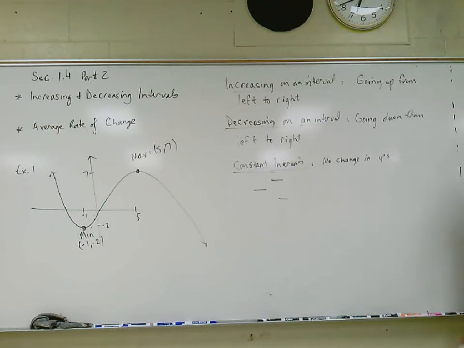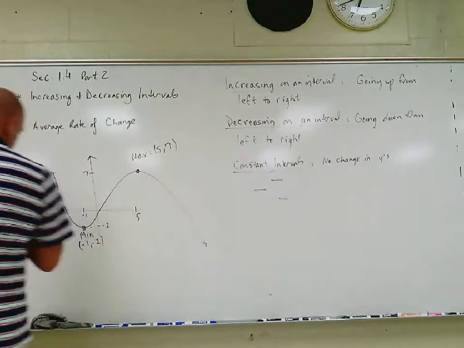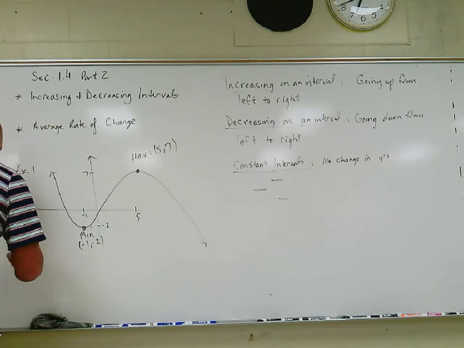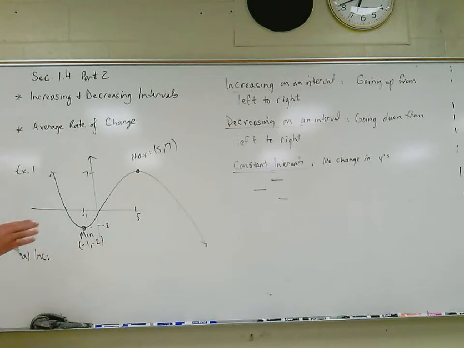So on this example that I've given you, it's going to say give the increasing interval in interval notation, give the decreasing interval or intervals. So if you want increasing, we're going to use interval notation. Here's what you do. You use x's.